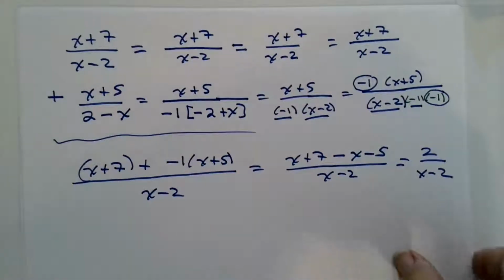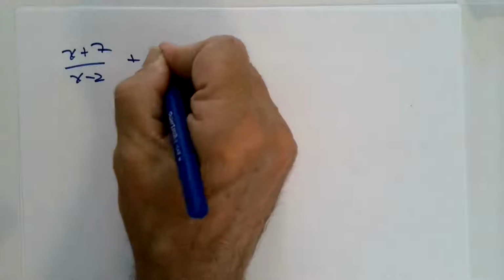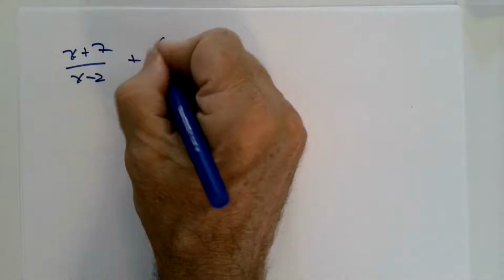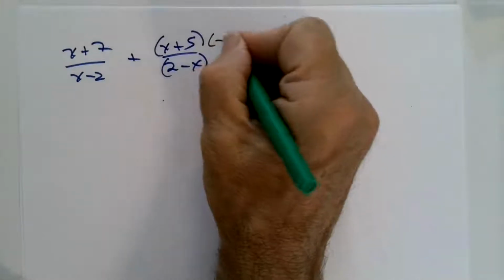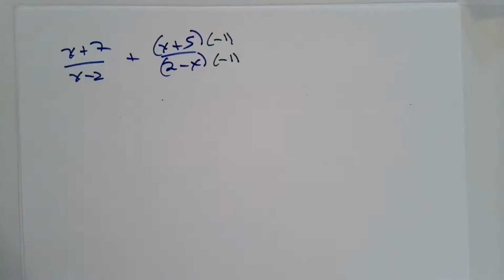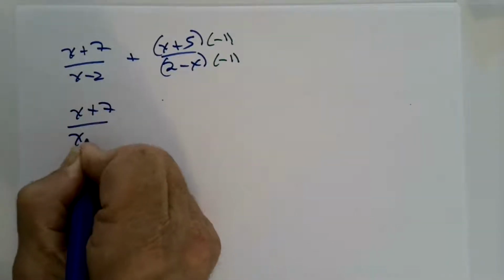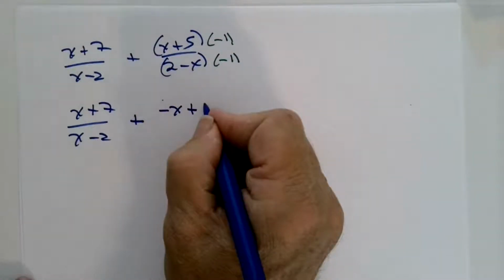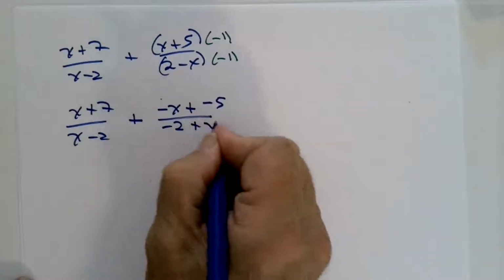The other way you could think about that one: x plus 7 over x minus 2 plus x plus 5 over 2 minus x. If you want to get a common denominator right away, just multiply top and bottom of this guy by -1. Then you'll notice what's going to happen this way. x plus 7 over x minus 2 plus -1 times x, -x, plus -1 times 5, -5. -1 times 2 is -2. -1 times x is plus x.